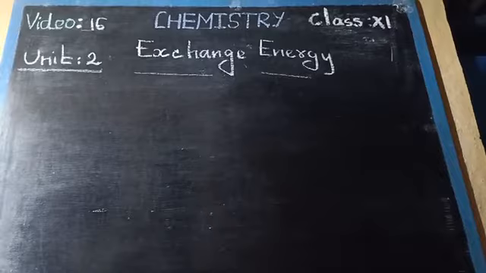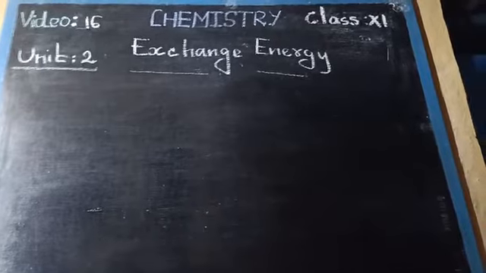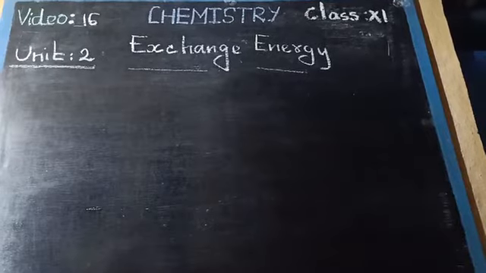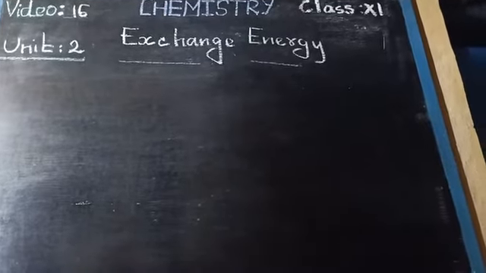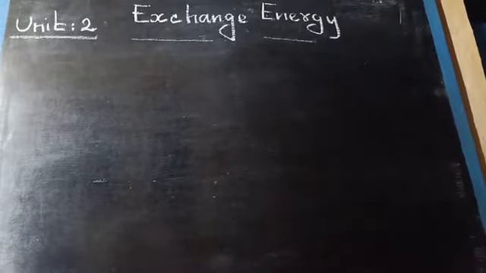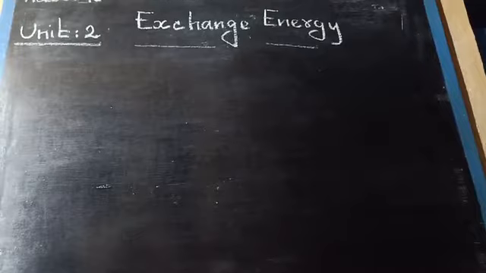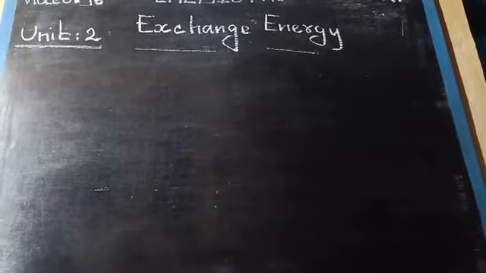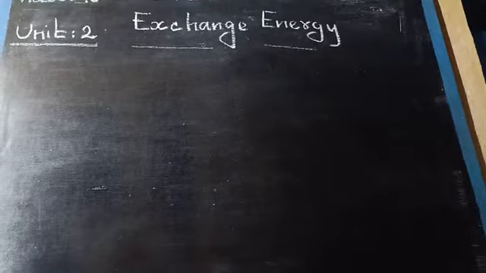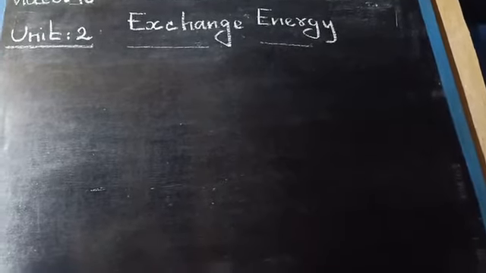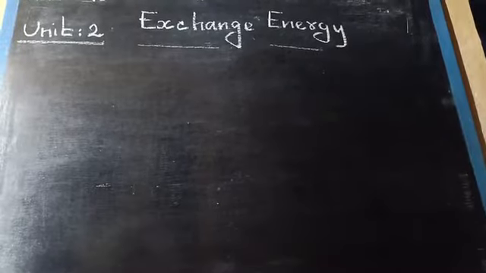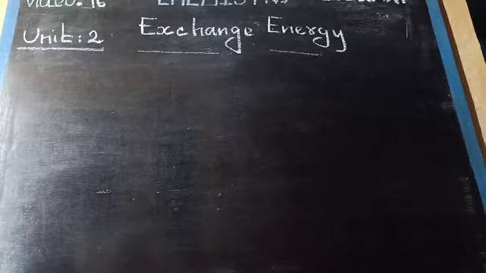Till the previous video we saw the stability of an atom. Any atom, for example carbon, nitrogen, oxygen, fluorine, neon, whatever element, is very stable if the outer valence electrons are either half filled or completely filled.